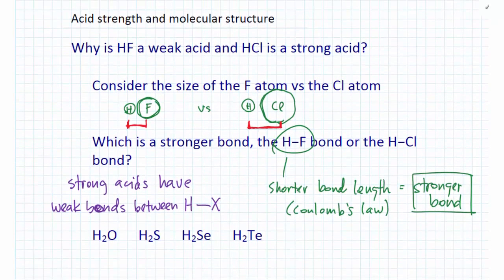Let's make a little table, this is the next column over: oxygen, sulfur, selenium, and tellurium. With this idea in mind, we should be able to pick out the strongest acid here. What do you think? It should be tellurium. So our trend would go something like that, and that is the trend in acid strength.